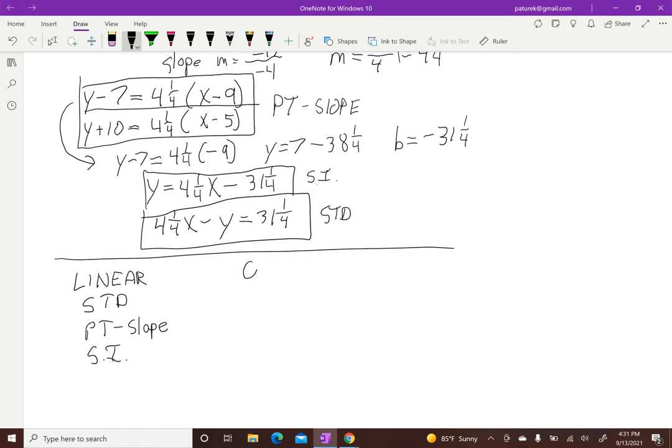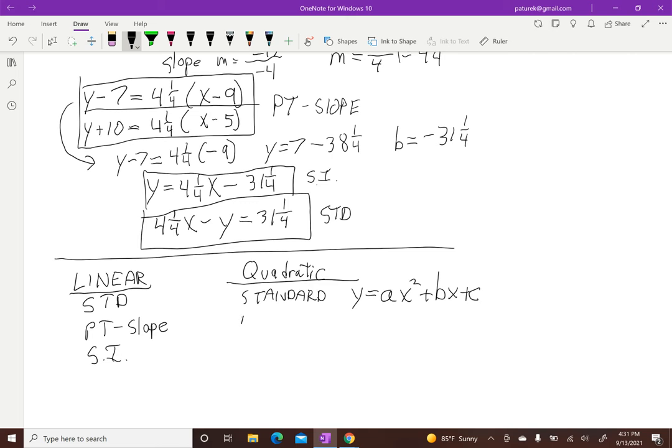For the rest of this month, we're also trying to become proficient dealing with quadratic equations. And sure enough, for quadratic equations, there's 3 ways we can say the same thing. There's standard form. The standard form of a quadratic equation is y is equal to a times x squared plus b times x plus c.